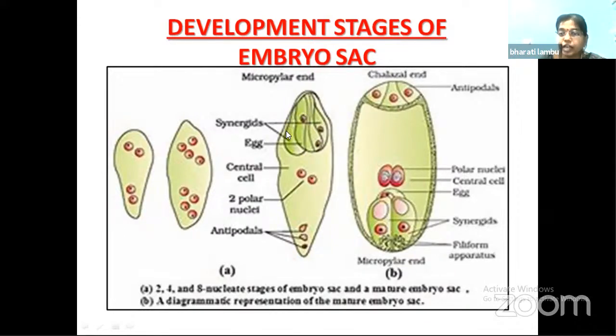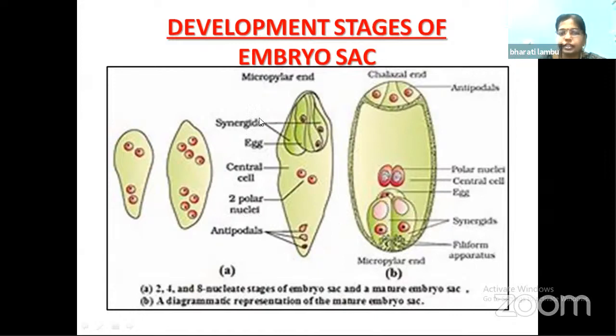Why is it called the egg apparatus? Because it has the egg. Apart from the egg, it also has the synergids. So this is at the micropylar end. Now if you see the next diagram, the micropylar end has been shown at the bottom, so don't get confused. Wherever the micropylar end is present, there the egg will be present.